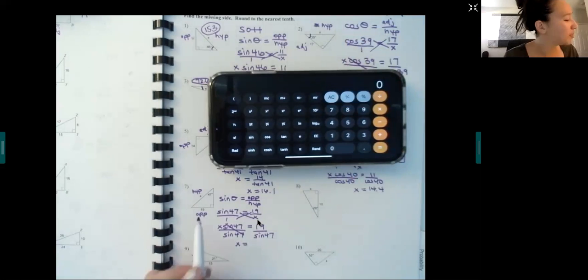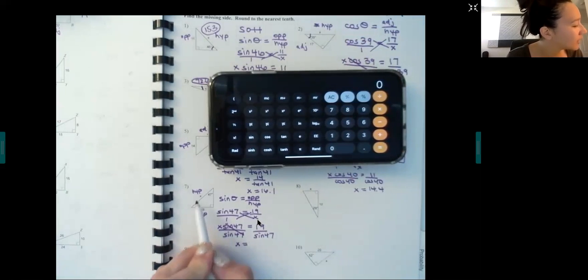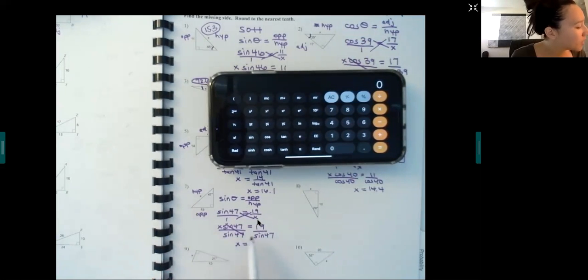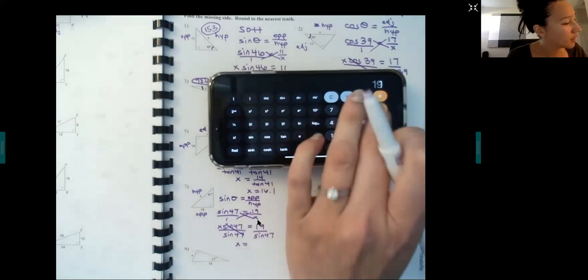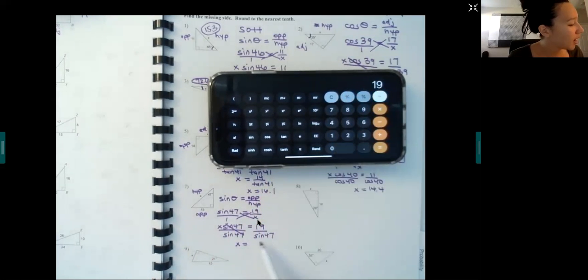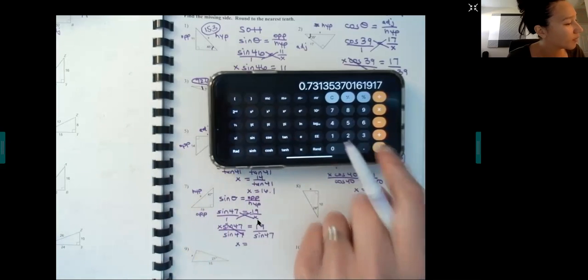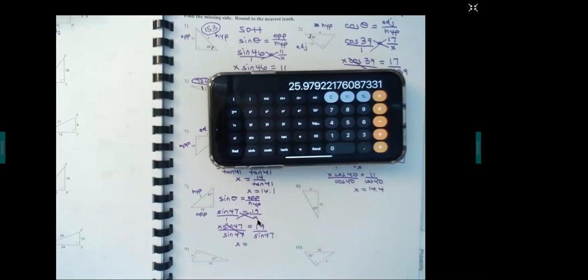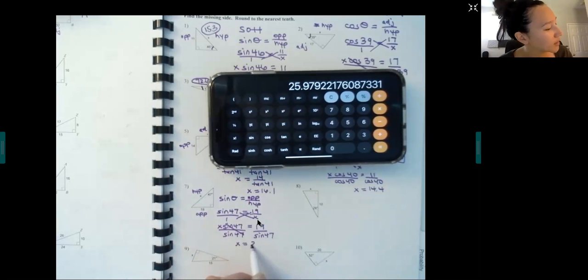That seems a little big. So let's see. We have to do 19 divided by, and then 47 times sine. So it would actually round to just 26.